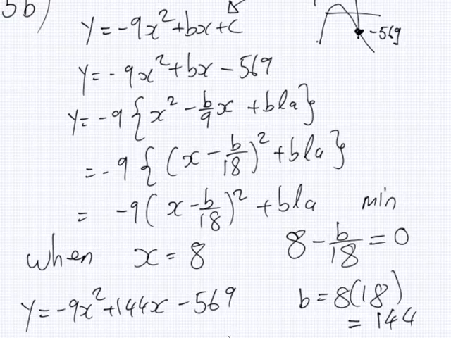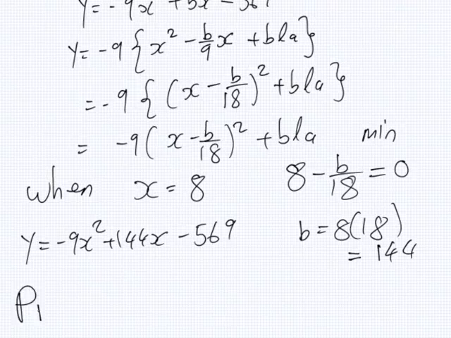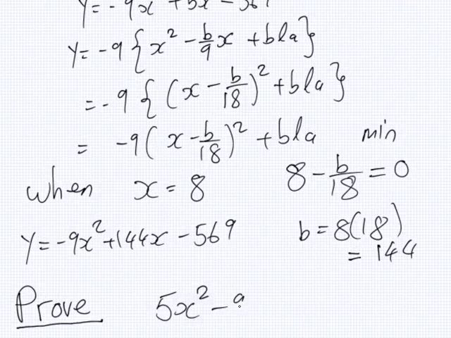In the middle? No? Middle, okay. Right. Let's have a look at this one. Prove, you know this verb? Prove 5x squared minus 90x plus 414 is always positive.